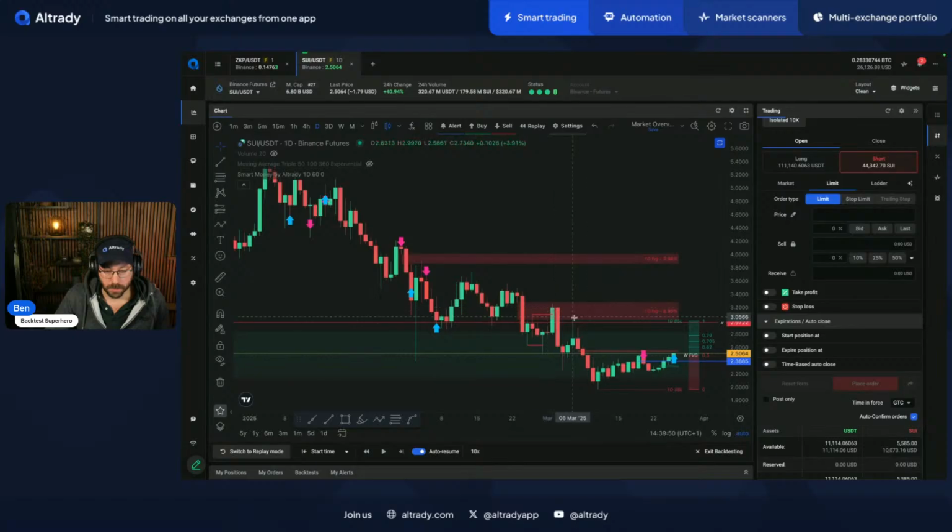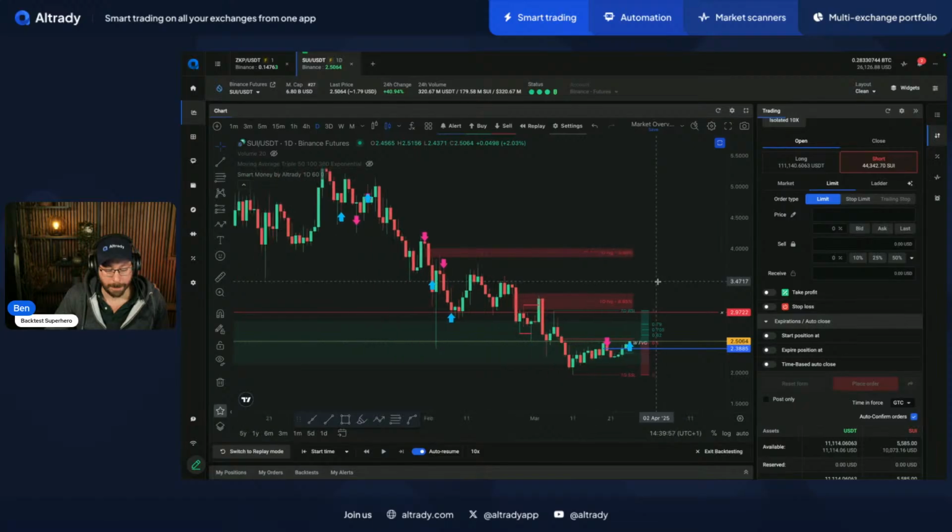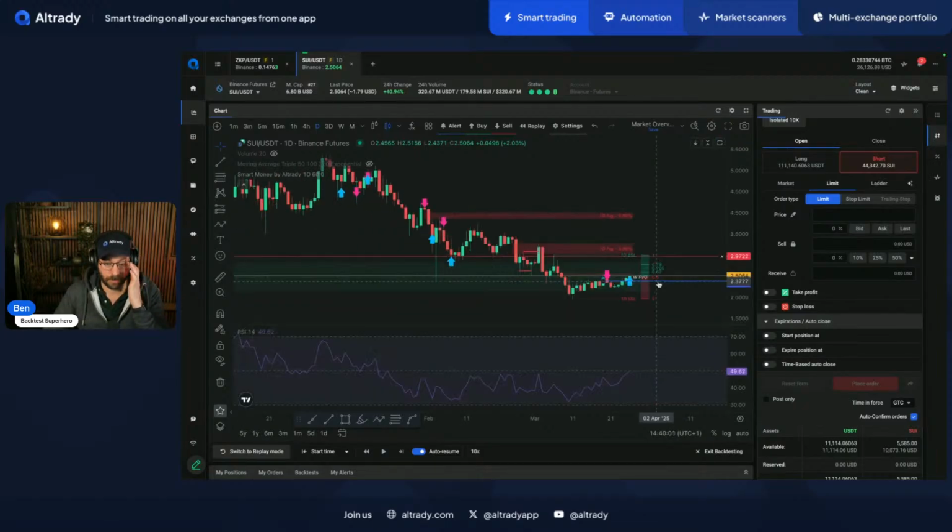On the daily shift would be here, so that's still quite large at the market structure. What about the RSI on this one? Yeah, no divergence. This really is tricky.